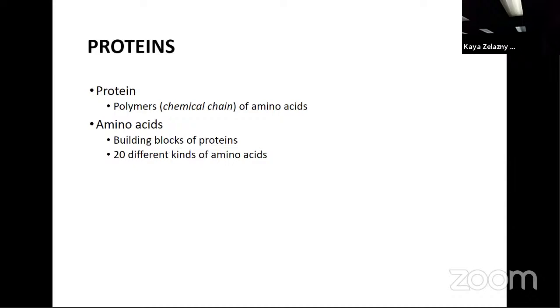We're not going to memorize all the different 20. There are tables, you could look them up when you need them, but these 20 amino acids are going to be the building blocks of proteins. And it is important to know that different amino acids have different physical and chemical properties.